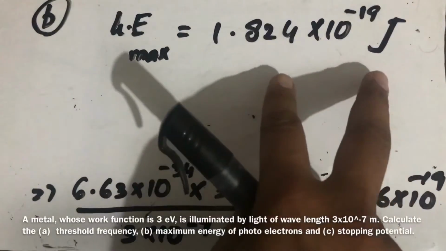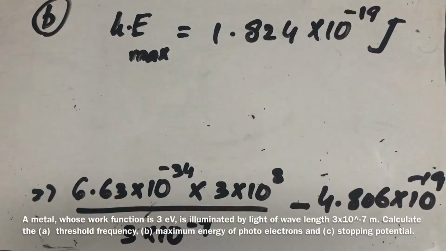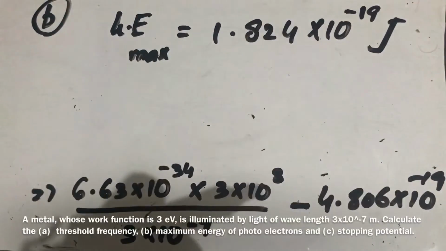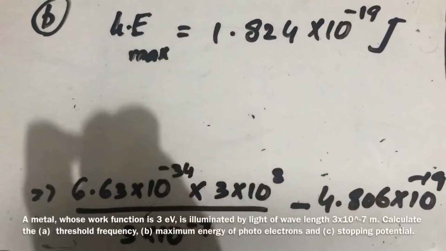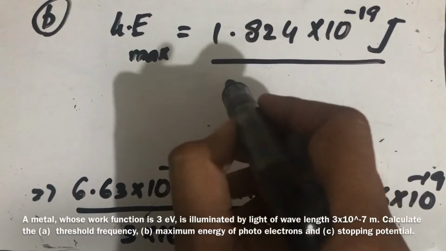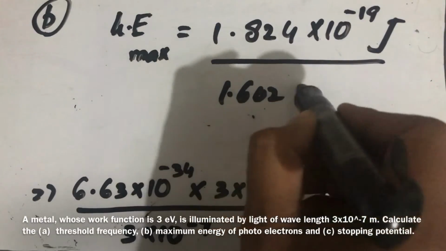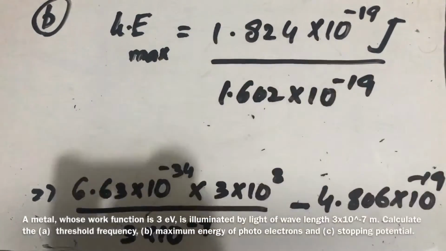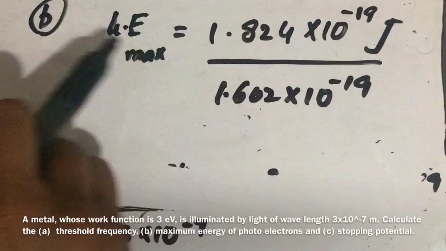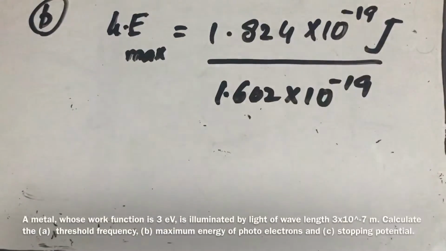But we have to convert joule into electron volt. It is very easy to convert joule into electron volt. Just divide this value by 1.602 times 10 raised to power minus 19, and you will get this kinetic energy in electron volt.